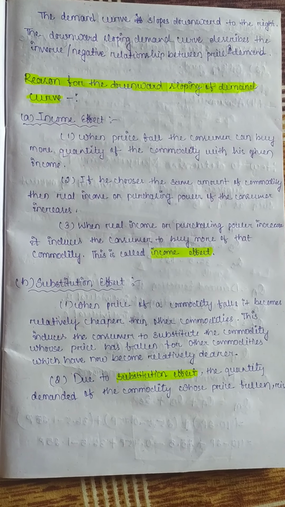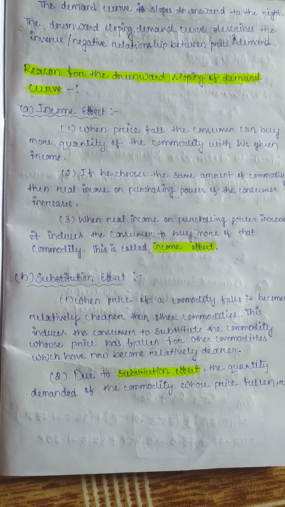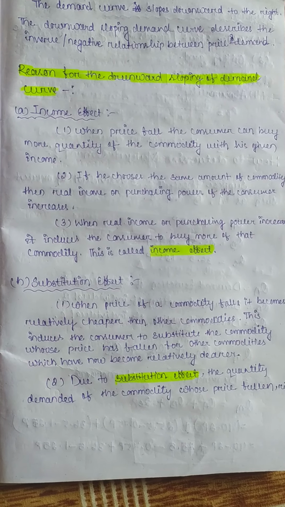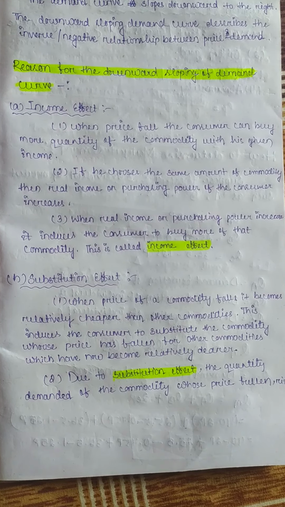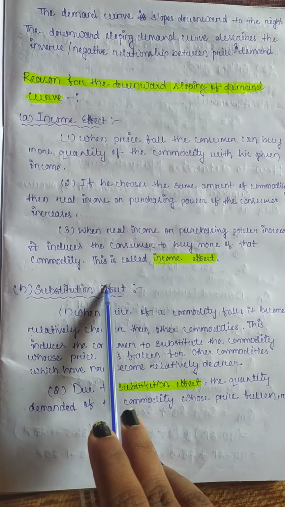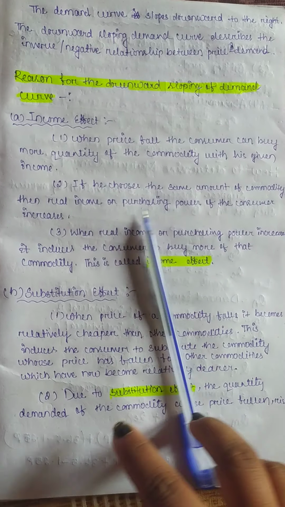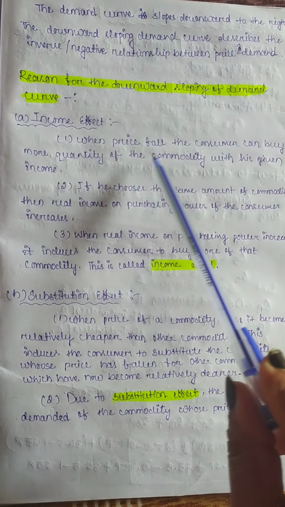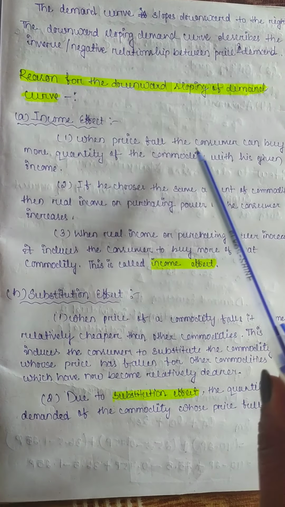Then let's talk about why the demand curve is downward sloping. There are basically two effects, that is the income effect and the substitution effect. In the case of the income effect, when the price falls, the consumer can buy more quantity of a commodity with his given income.